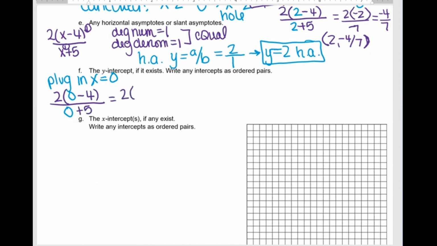I have 2 times negative 4 up top all over 5, which gets me negative 8/5. The ordered pair we just found is 0, which we plugged in for x, negative 8/5.